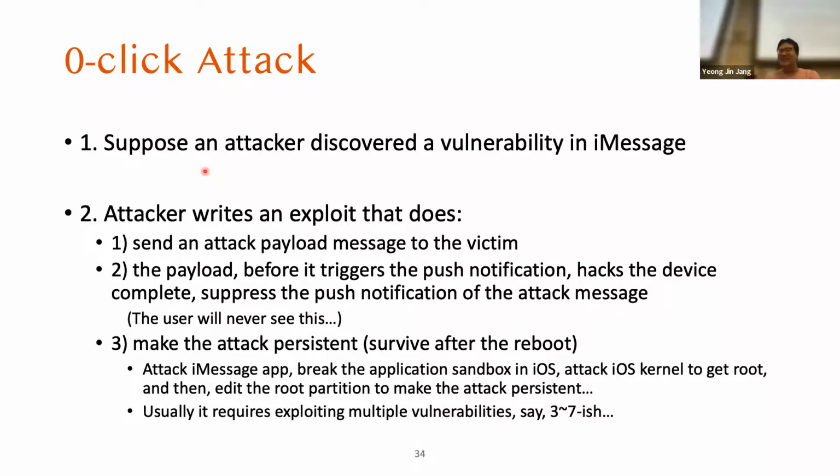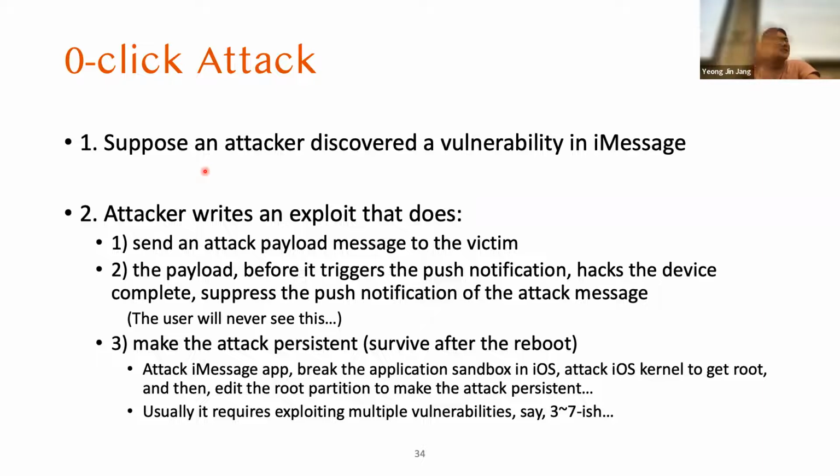If I send the message, the iPhone will parse it and try to get a summary to show the push message and display the entire message in the iMessage window. But before that, if we can hack iMessage before sending the push message and printing the message, we can change the control flow of the program to somewhere else.